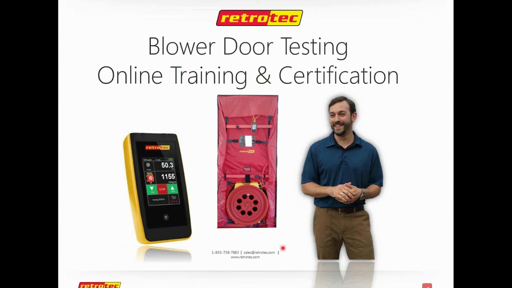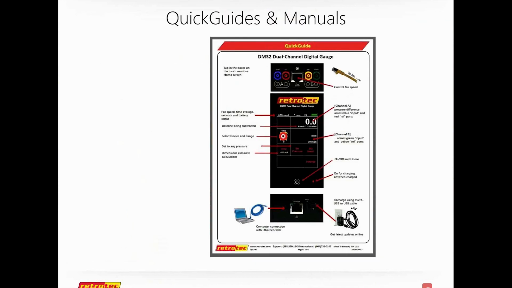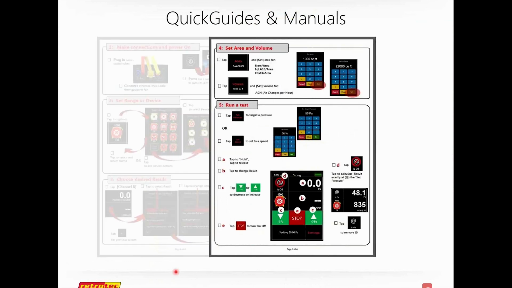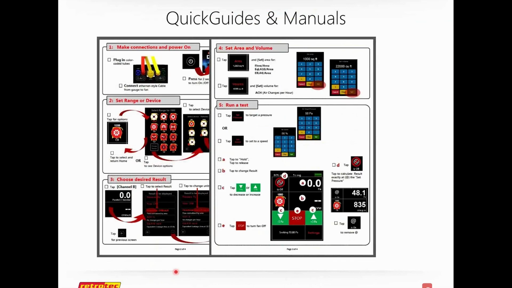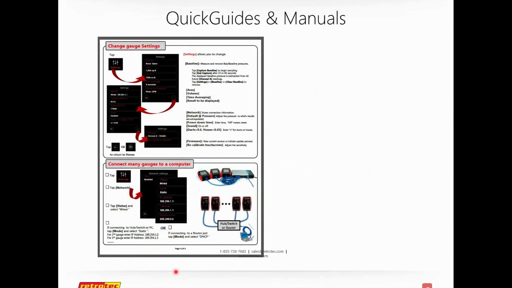All of this information is available to you via our online training and certification, and definitely far more in depth. In addition, you'll also find all this information and all of our training closely follows the quick guides and manuals that we have available at retrotec.com.